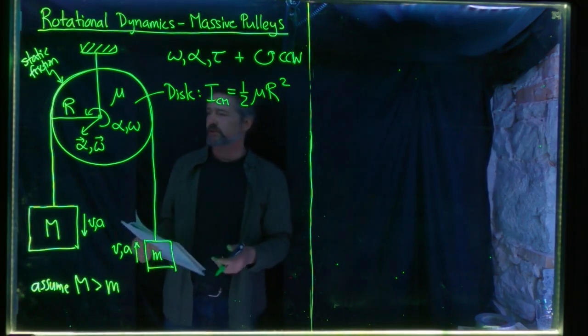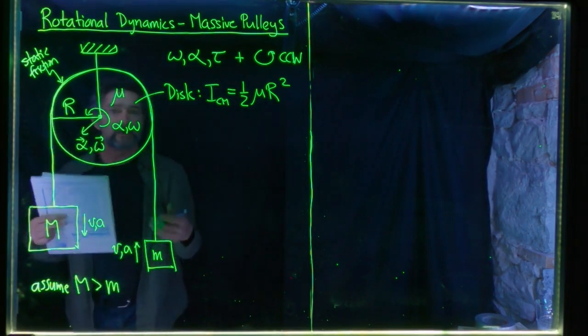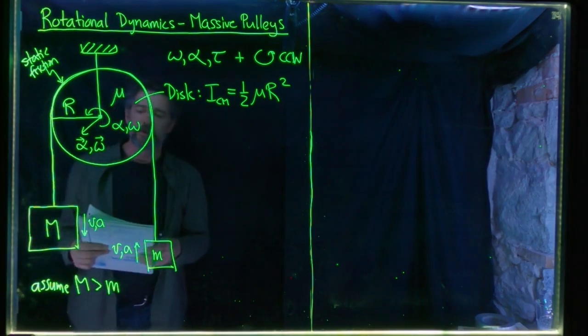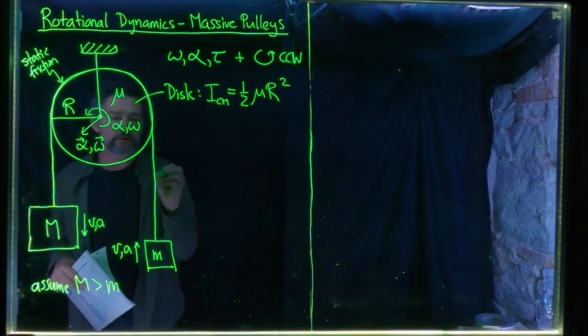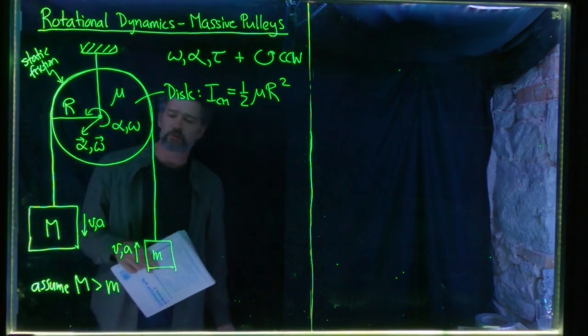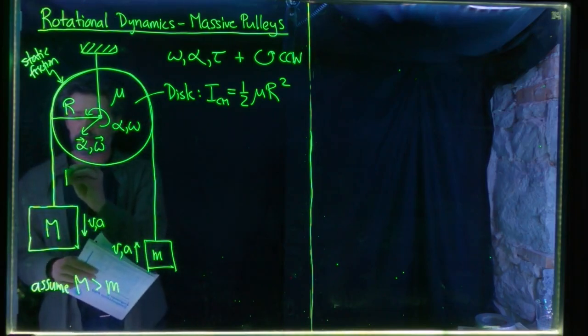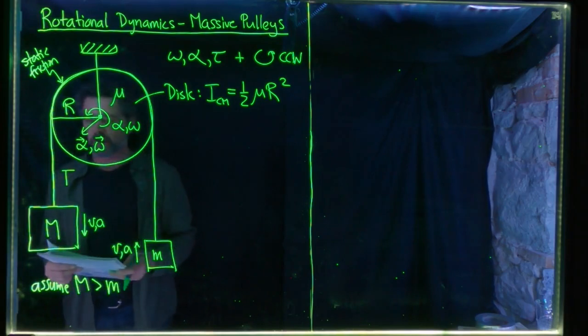I should also mention something about the tensions in these ropes. Normally, in the past, when we were dealing with ideal pulleys with zero moment of inertia, whatever tension we assigned to the left-hand rope was immediately the same tension in the right-hand rope. That's no longer the case. So first of all, let's assign a tension capital T to the left end of that rope.